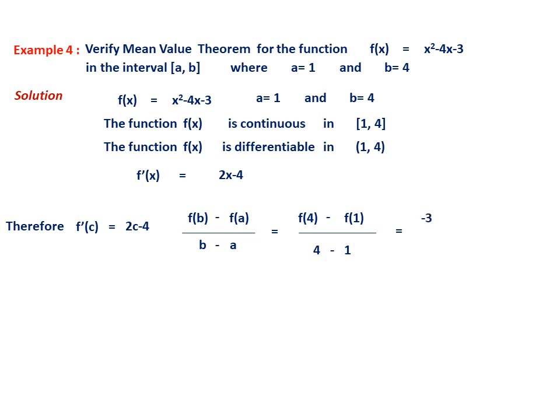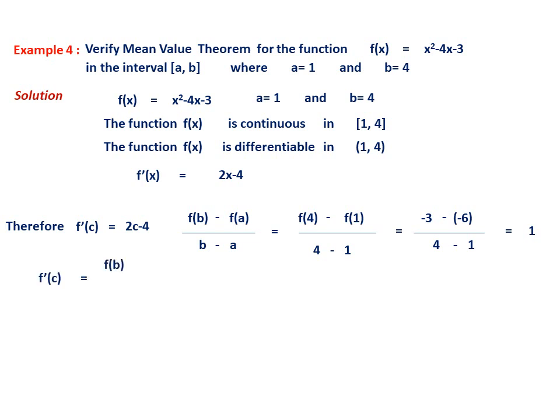It is minus 3, you can check. 4 square is 16, 4 into 4 is minus 16, therefore 16 cancels, minus 3 remains. Then minus, second one is minus 6, that is f of 1. You can substitute x equal to 1 in the function. 1 square minus 4 into 1 minus 3, that is 1 minus 4 minus 3, that is 1 minus 7, so it is minus 6, divided by 4 minus 1 is 3. Therefore it is 3 by 3, that is 1.